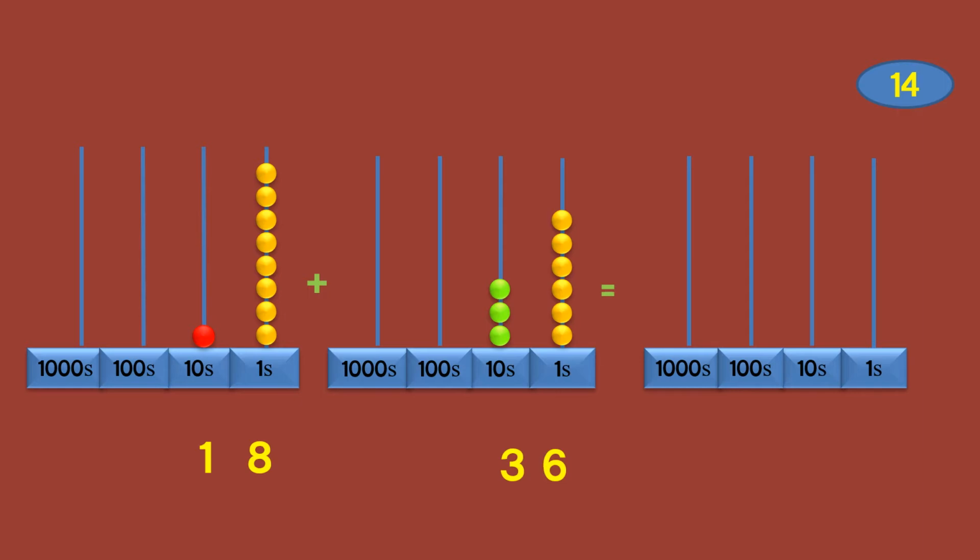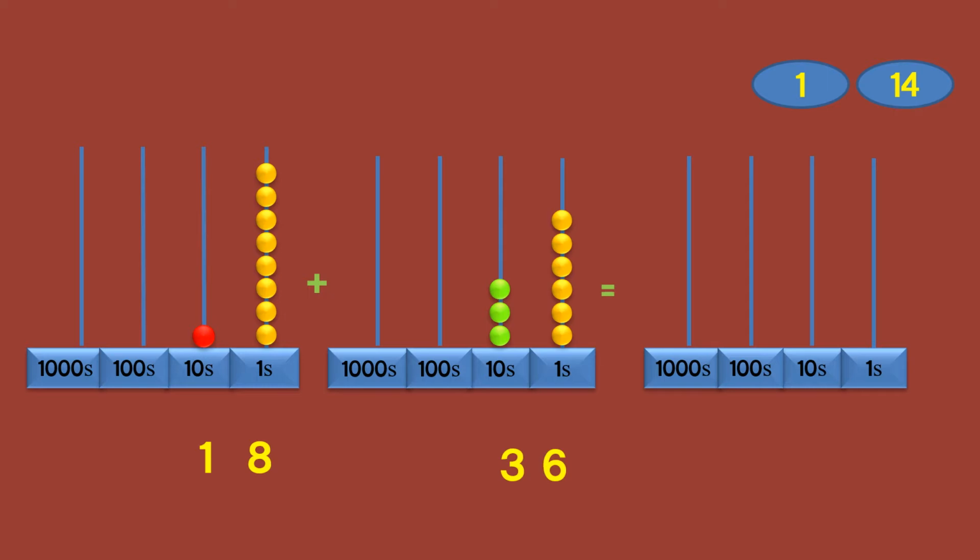So I can't have groups of tens under ones place because there's a separate tens place mentioned in this abacus. So I have to give that 10 to tens place. 10 from ones place to tens place becomes only 1 in tens place.